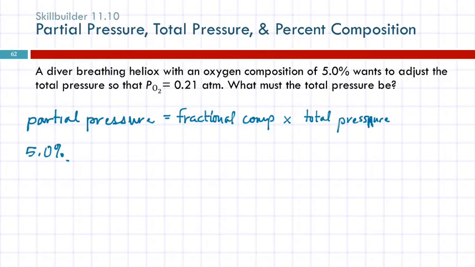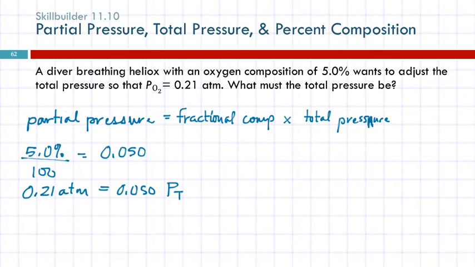5%. So you divide that by 100, and that will give you the fractional equivalent of 0.05. So we want 0.21 atmospheres to be equal to 0.05 times the total pressure, 5% of the total pressure.